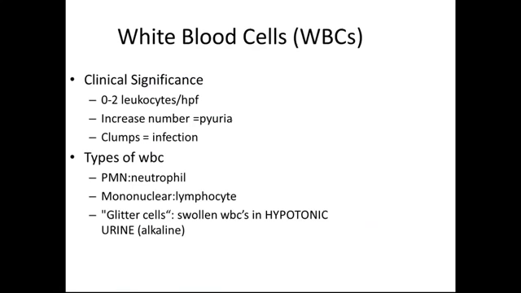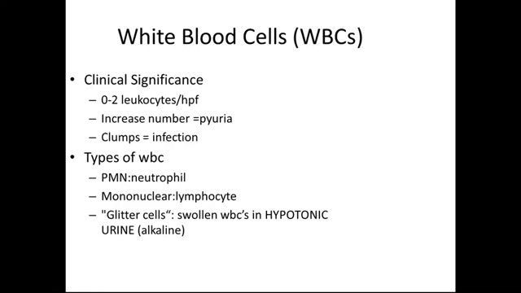White blood cells, or WBCs: clinical significance is 0 to 2 leukocytes per high power field, meaning 40x. An increased number we call pyuria. And if there are clumps of white blood cells, this is an indication of infection. There are different types of white blood cells: polymorphonuclear neutrophils, and then mononuclear white blood cells, which we often call lymphocytes.